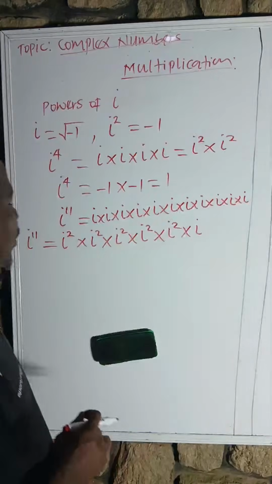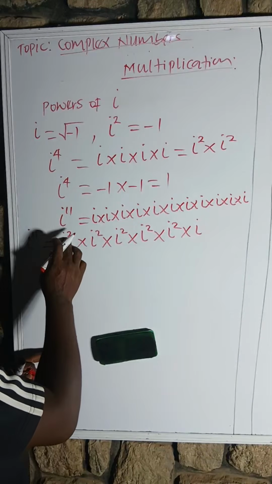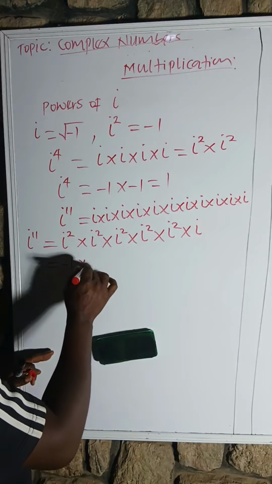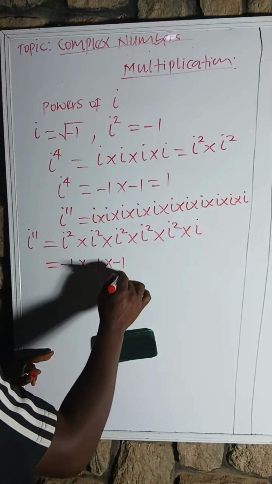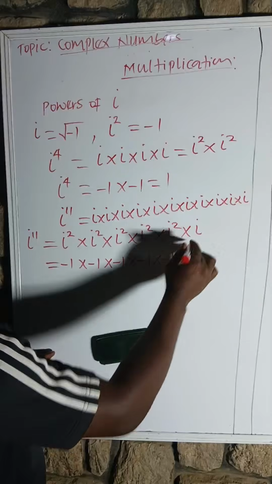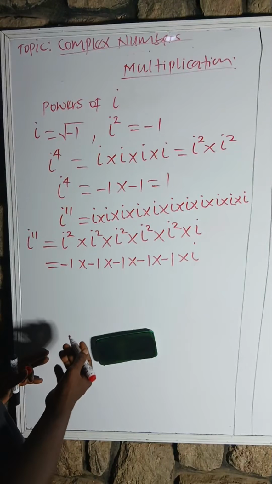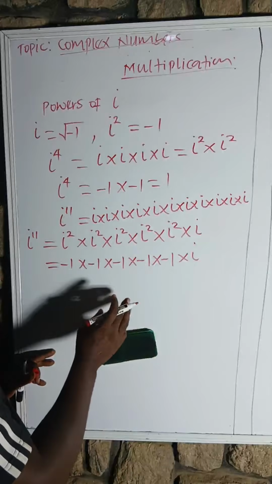If you agree with me, this implies that i squared is minus 1 times minus 1 times minus 1 times minus 1 times minus 1, times i. So you don't need a prophet to tell you, this will give us minus i.